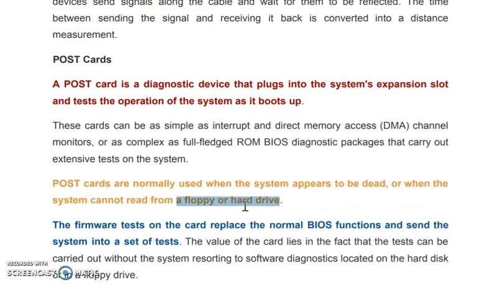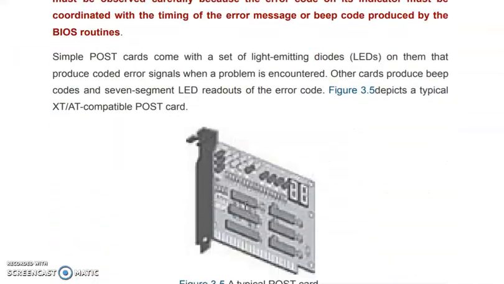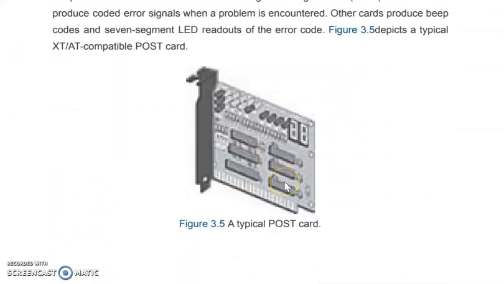These cards are just like expansion cards, using the expansion slots, and they are fixed into your motherboard. Let's see a picture. This is like your LAN card, that is an Ethernet card, or your sound card, VGA cards.